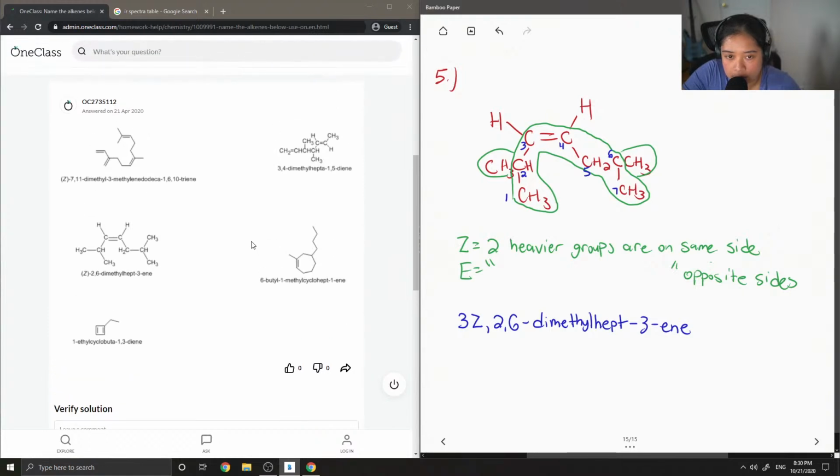So our junior tutor just has a lot of other answers, but I can see our compound right here. And they have just said 2,6-dimethylheptene.